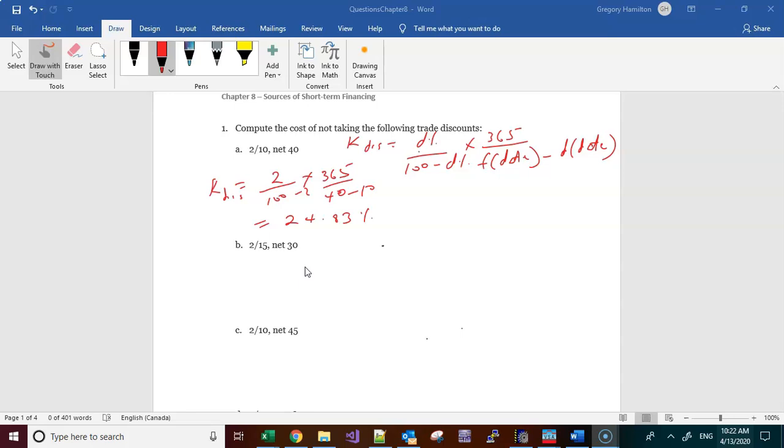So let's move on to B. B is quite similar. So let's work question B here.